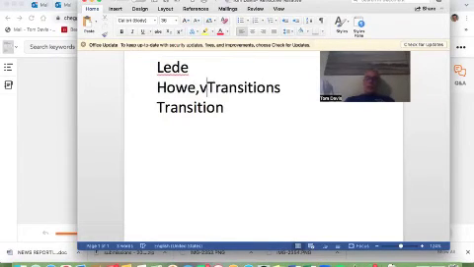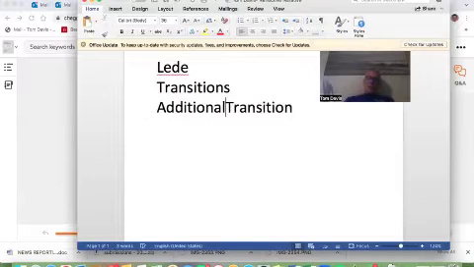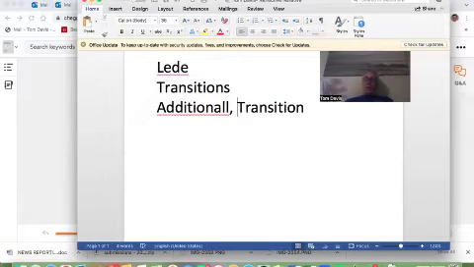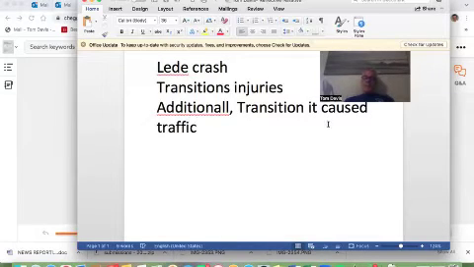You would say "however." Those are the transitional phrases. "Additionally." You don't have to use them all the time, but if you're making point after point, it's good to break up the flow of the narrative writing by using these transitional words as you move along. Maybe you report about the injuries after the crash in the lead, and then you want to talk about the traffic. So, "Additionally, it caused traffic." Okay.